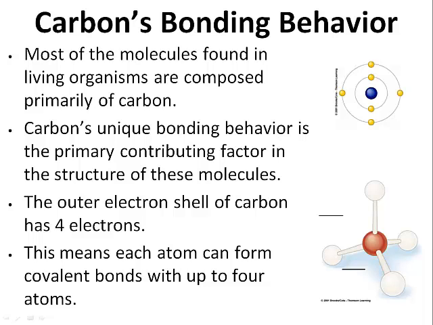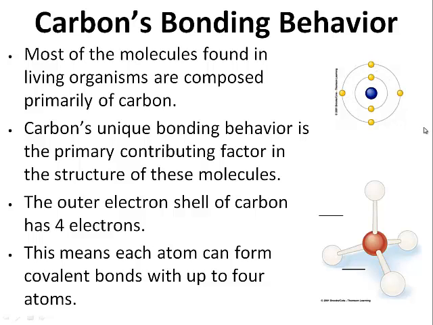So you know at this point that carbon has an atomic number of 6, which means that it has a total of 6 protons and 6 electrons. 2 electrons are found in the first shell, as we see here in our slide, and 4 electrons are found on that outer shell.